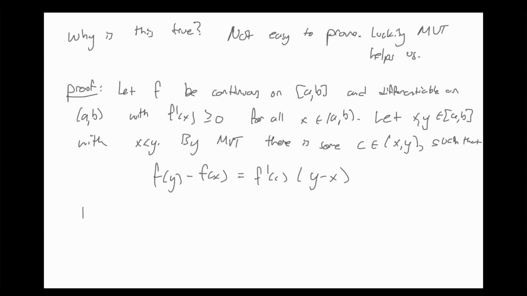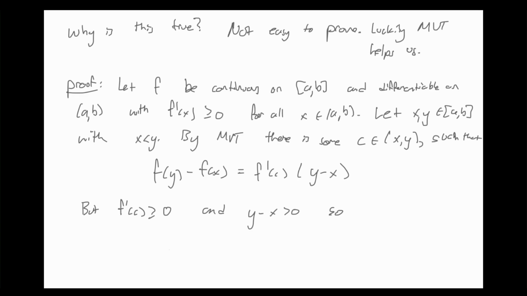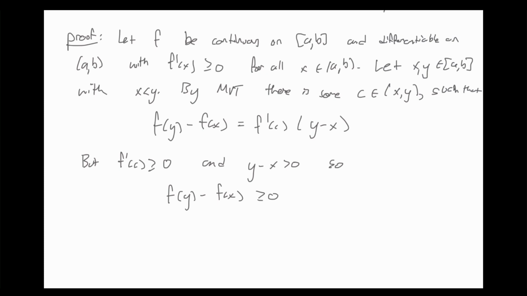But we said that the derivatives are always non-negative, so f prime of c is greater than or equal to 0, and y minus x is strictly larger than 0 because x is strictly less than y. So in other words, f of y minus f of x has to be greater than or equal to 0. But just by rearranging, that implies that f of x is less than or equal to f of y. So since x and y were arbitrary, we see that f is increasing.